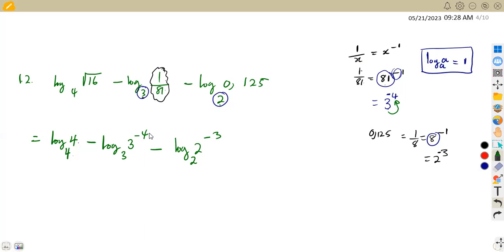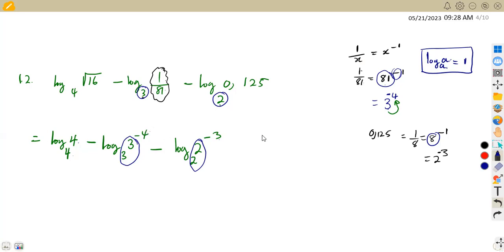All right, so at this stage, what can we do? We have the idea of the logarithm of a number the same as the base here. We have this part and this part, but we are still affected by these exponents, -4 and -3. So how can we get rid of these exponents?